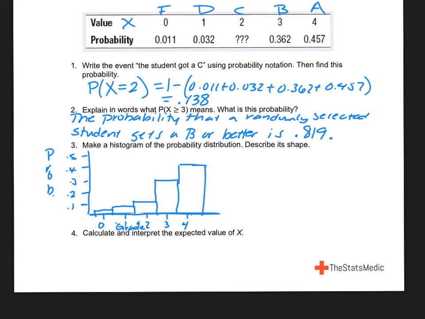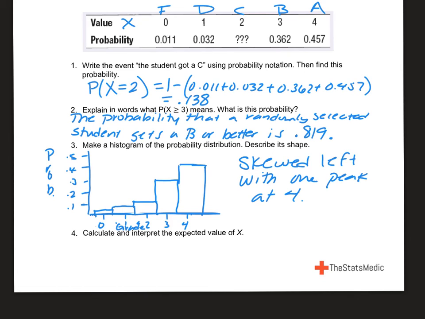All right, so this probability distribution is definitely skewed left with one peak at 4. So that means most students, or the highest probability of a grade a student would get, is a 4 or an A.